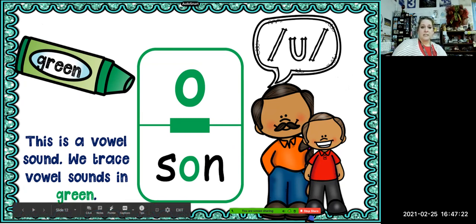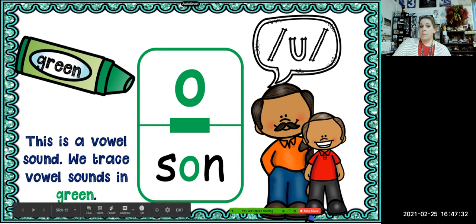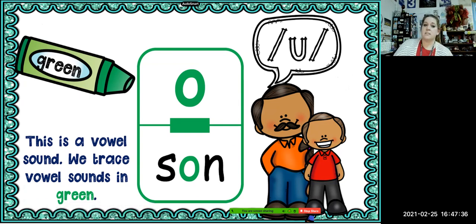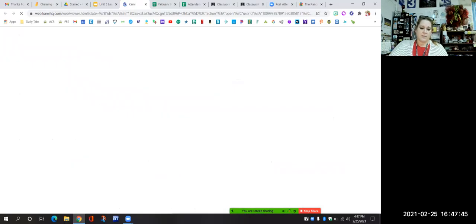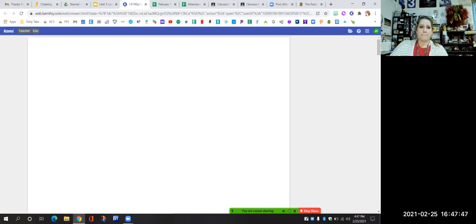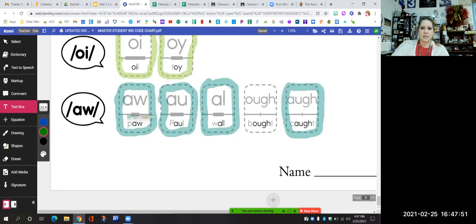So we're going to trace it in green. Look at this power bar. What does that power bar tell us, guys? It seems to be a fairly common way to spell the sound. It's not a little tiny and it's not a big huge bar, but it seems like it's used often enough. So we're going to go to page 7 of our code chart.